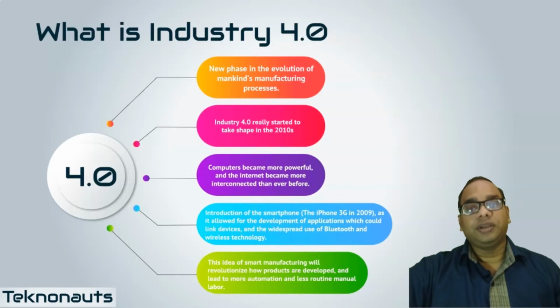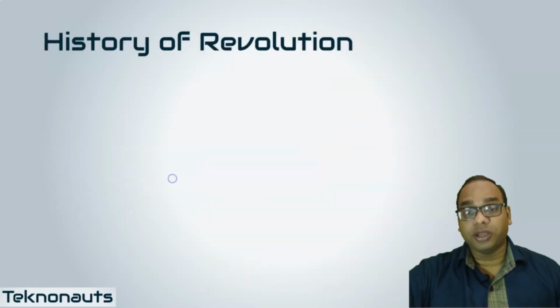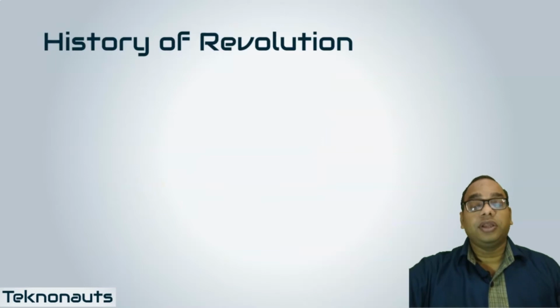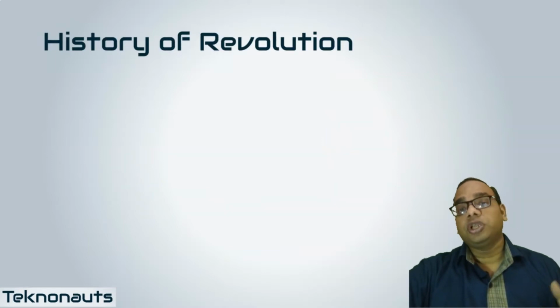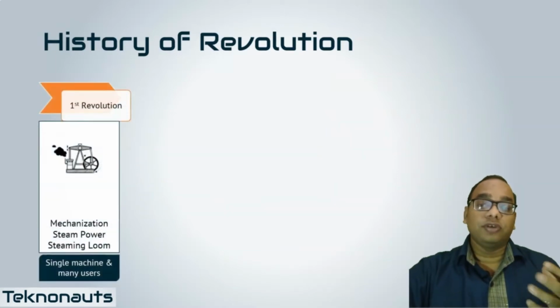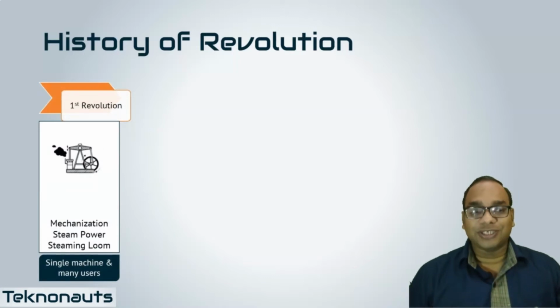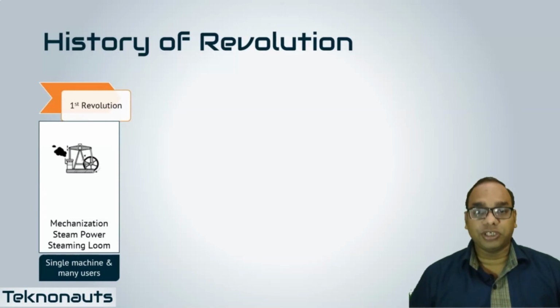Coming on to understand how the revolution has taken place. In 1900 the first revolution came, which was majorly of mechanization, steam power, steam looms, very basic infrastructure and different basic machineries.